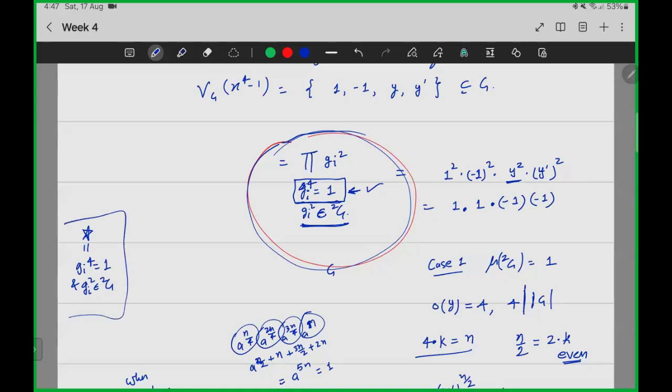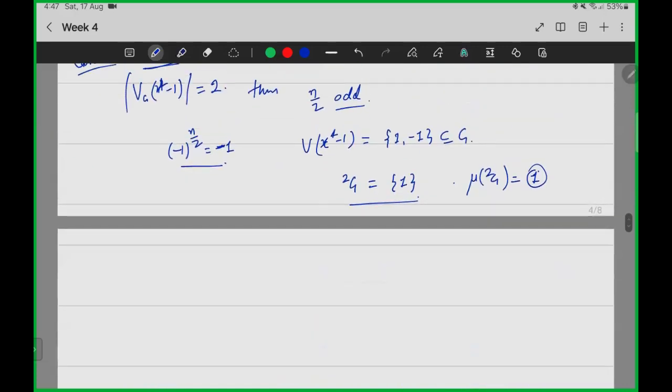Okay, so this is in the sense of star. 2G can have a lot of elements, but because of this condition, minus 1 and plus 1 are the only 2 elements which satisfy x to the power 4 minus 1 equal to 0.